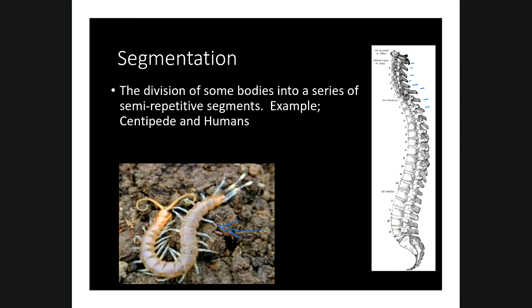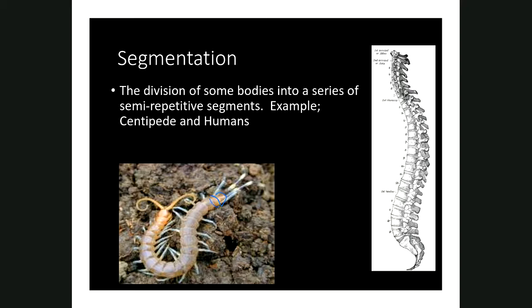Segmentation is much more easily observed in things like arthropods, like the centipede, where it has easily visible segments. Okay, for example, this is one. This is another segment.